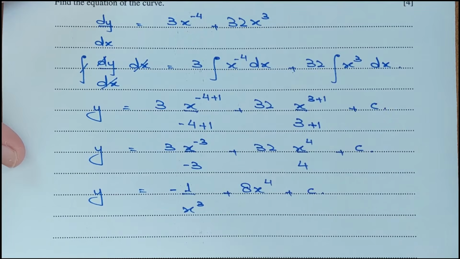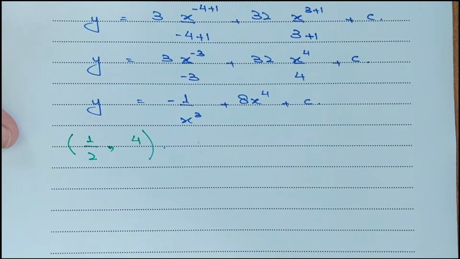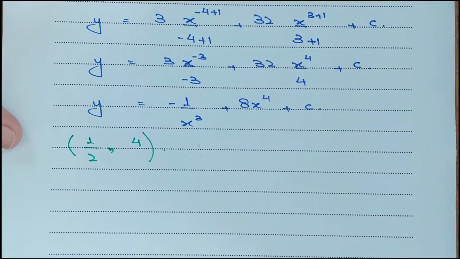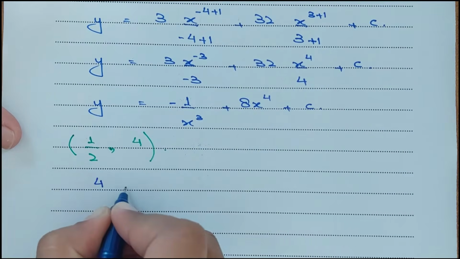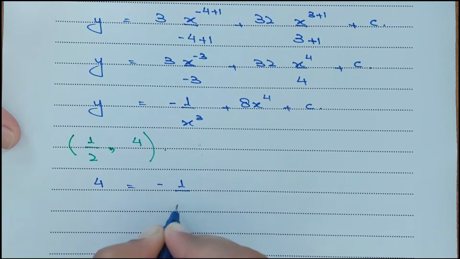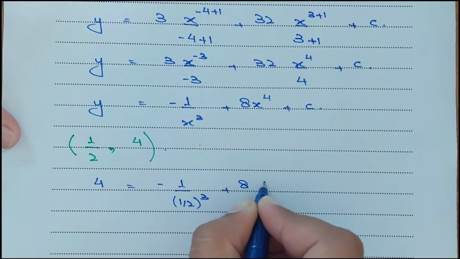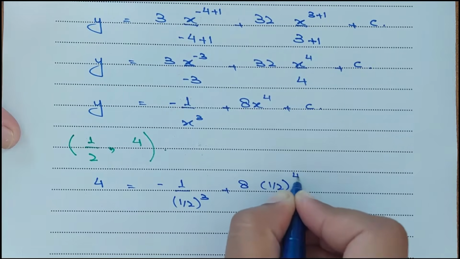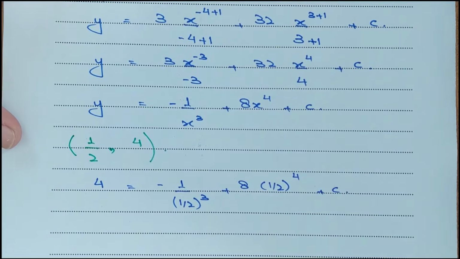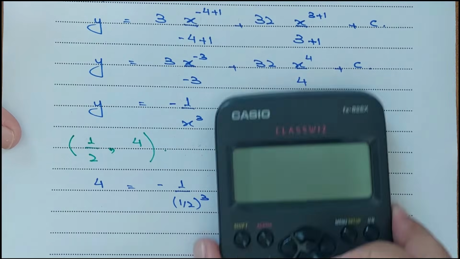To solve for the constant of integration we have to use the condition, the point (1/2, 4). Let me substitute x equals 1/2 and y equals 4. So we have 4 equals -1 over (1/2) whole cubed plus 8 times (1/2)^4 plus the constant of integration. Now let me simplify this.